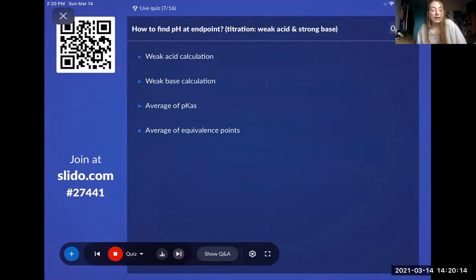Yes, if you did have the Ka values, you can take the negative log. Yes, to find the previous question. Okay, so this question is asking, how do you find the pH at the very end point? Okay, so theoretically, well, I won't say anything. What do you guys think? So you start out with a weak acid in this case.